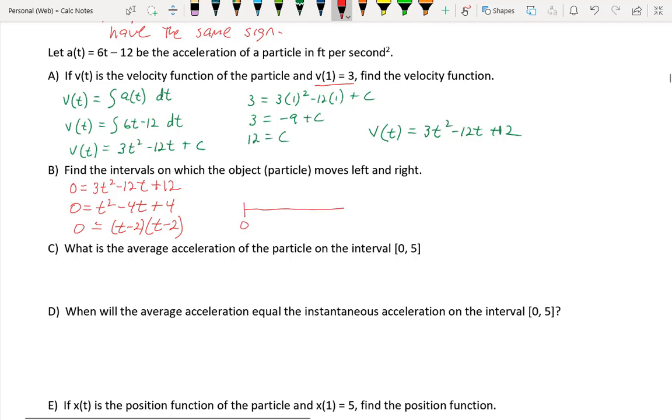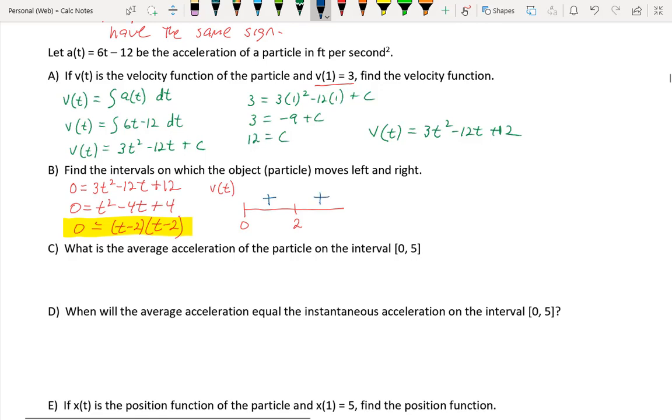Here's 0. Here's 2. And here's v of t. So I'm going to plug in 1 to v of t. And again, I'm going to use the simplified form. So if I plug in 1, this is going to be negative times negative, which is going to be positive. And if I plug in 3, I get positive times positive.